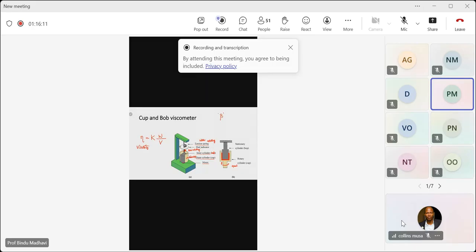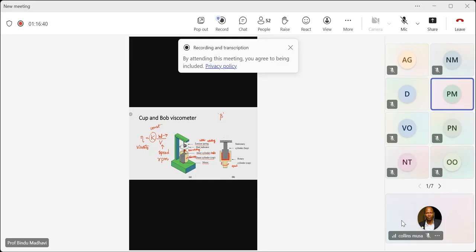Just like how we have got the beta value by the manufacturer in the previous equipment, the falling sphere equipment, the K value is also provided by the manufacturer. It's a constant value. Now W is the work done by the rotating element, and V is the speed of the rotating element. The speed is considered in rotations per minute.